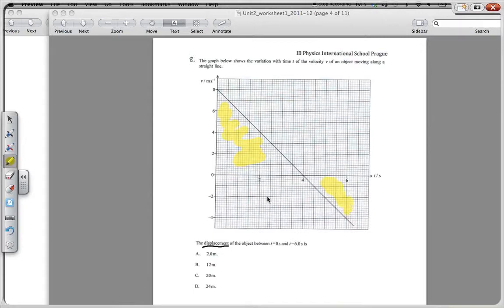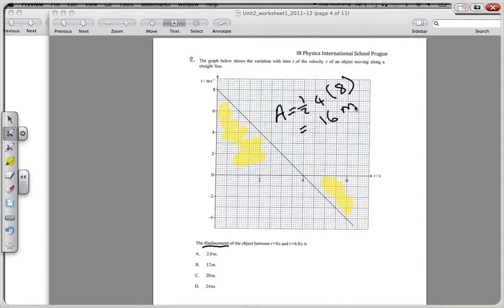Now we're looking from t = 0 until t = 6. So from 0 to 4 we're going to get our area there equals, because this is a triangle, a half times 4 times 8, and that is going to be 16.